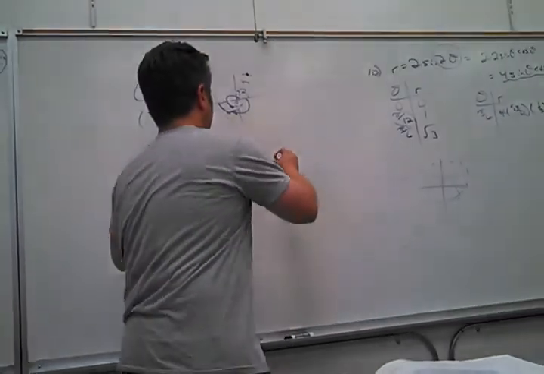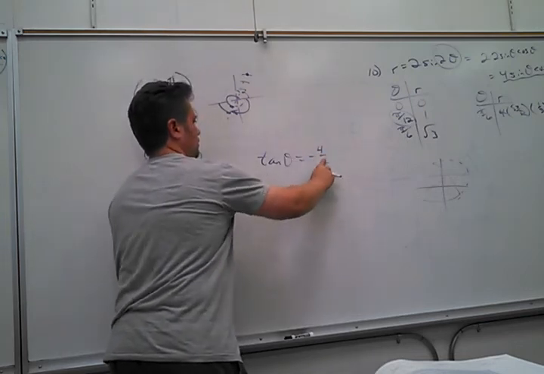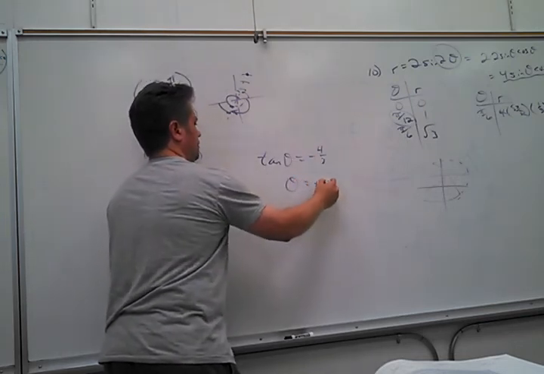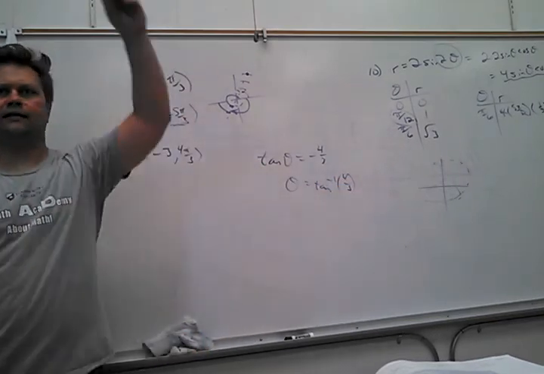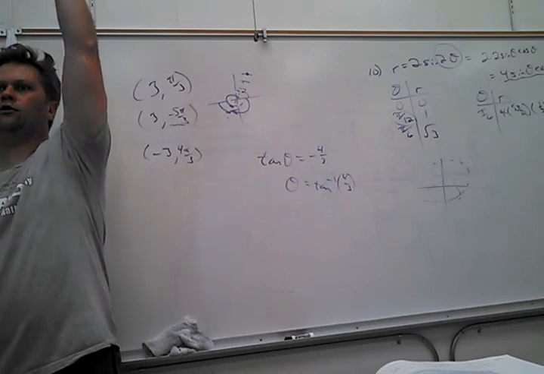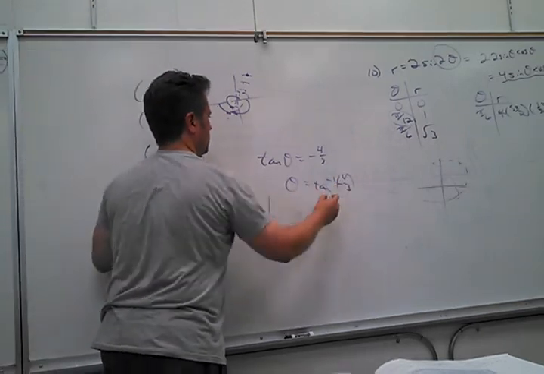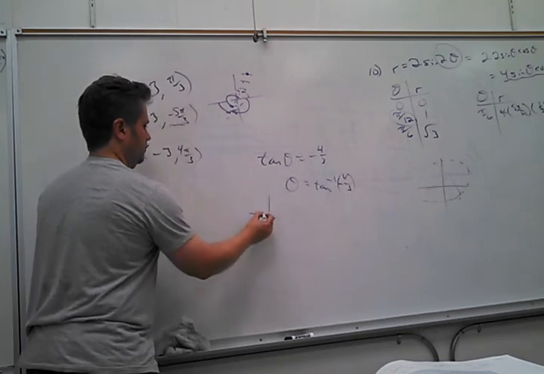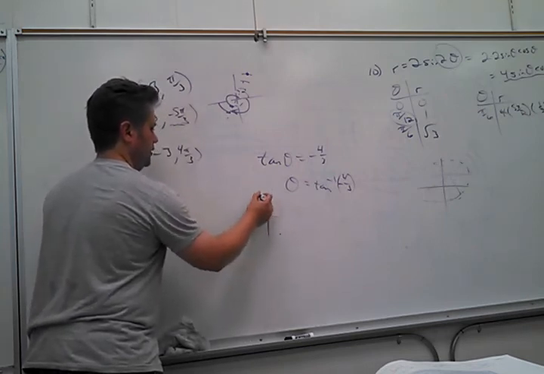If I said graph this, you want to figure out what theta is, and it would basically be the line, just like theta equals pi over 2 is the whole y-axis. Whatever angle this is, negative 4 over 3 would be here, so it would be like that line there.